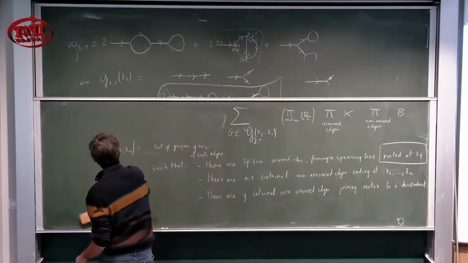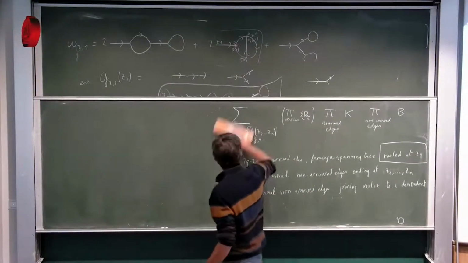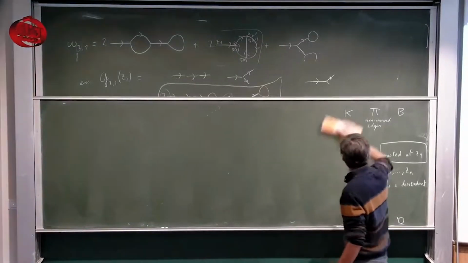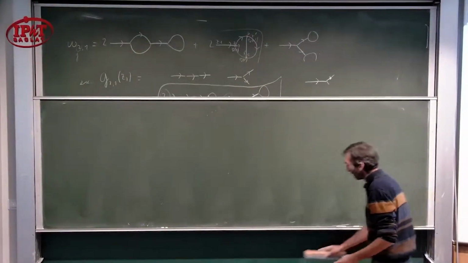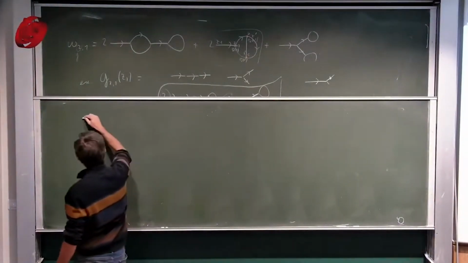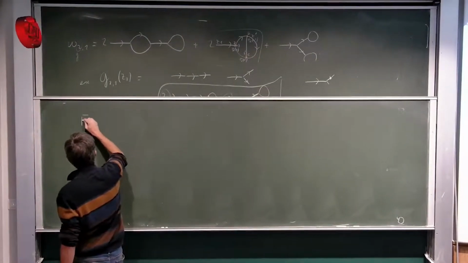So how can we represent graphically the FGs? And remember the formula for the FGs.